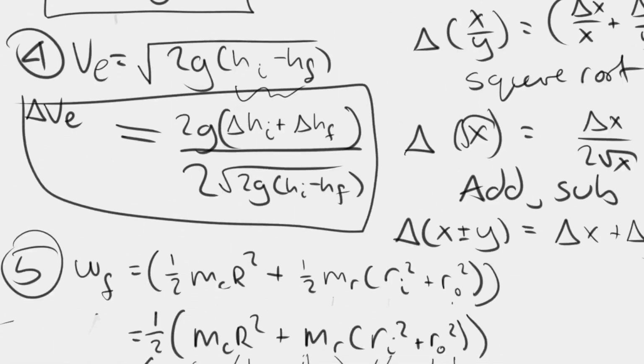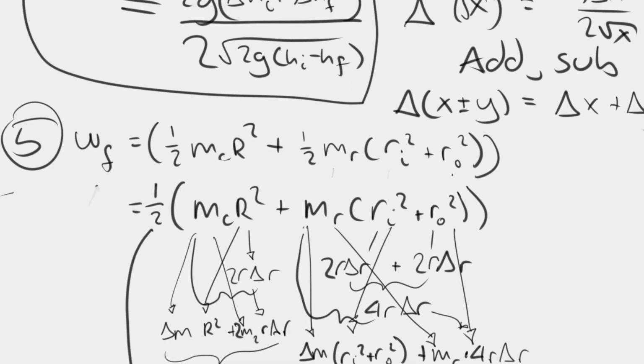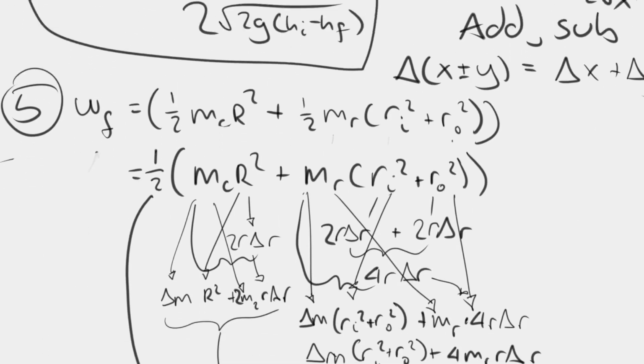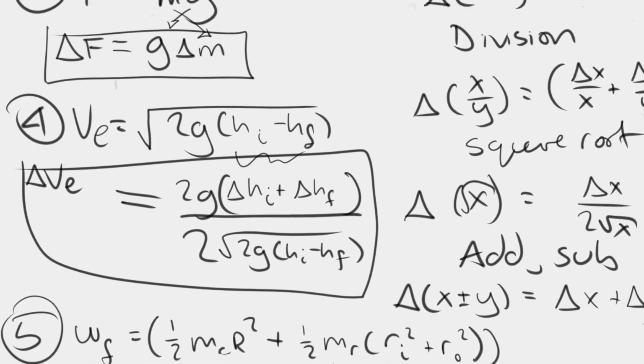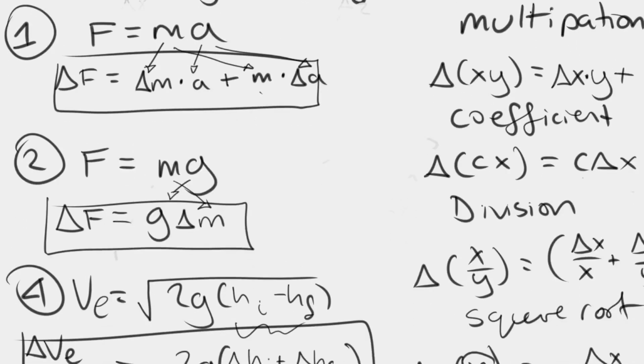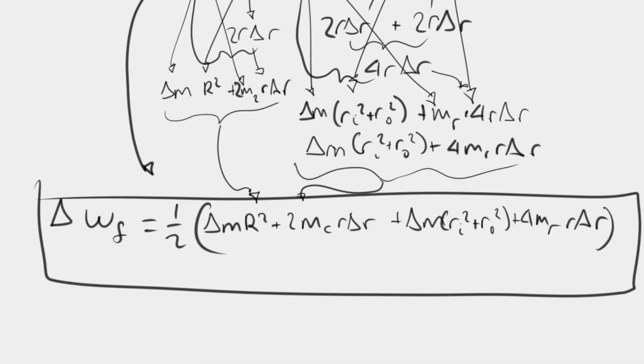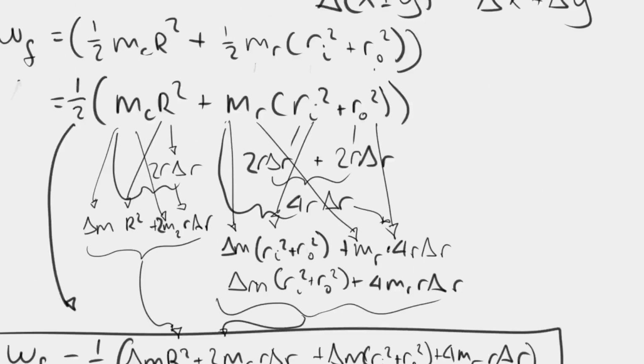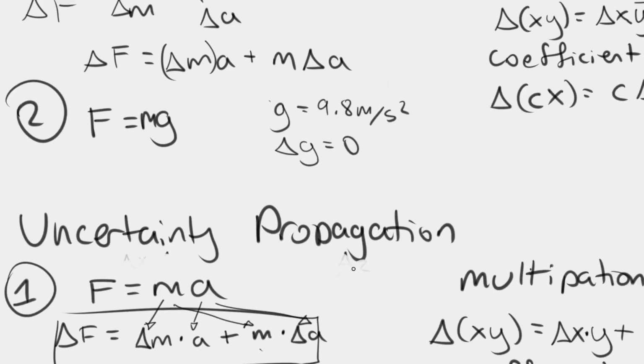Go through your textbooks and lab manuals, look for random equations, and try to find the uncertainty of them. That's really it. It's just practice. It's a skill. It's just algebra or computation or whatever. I don't know what the right word is. Probably computation is the best one, but it's propagation as well.